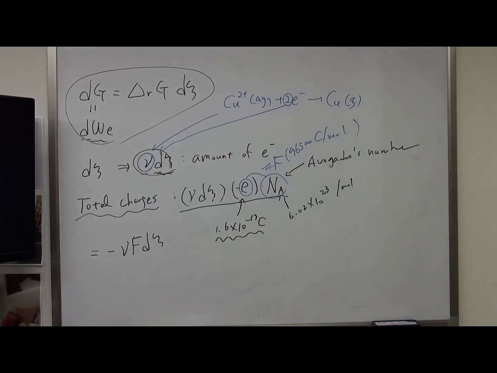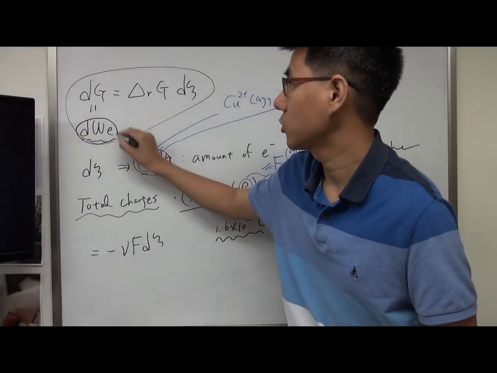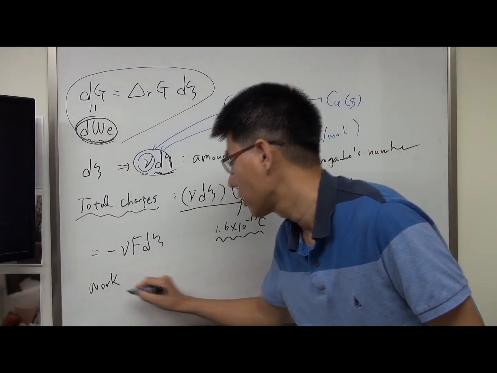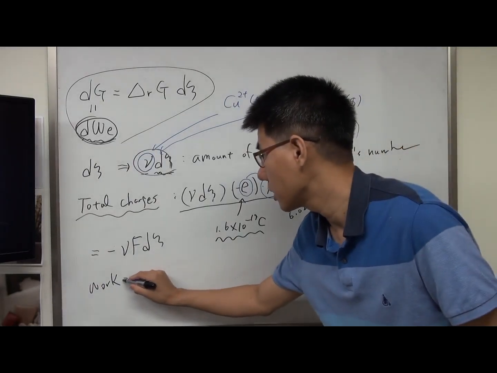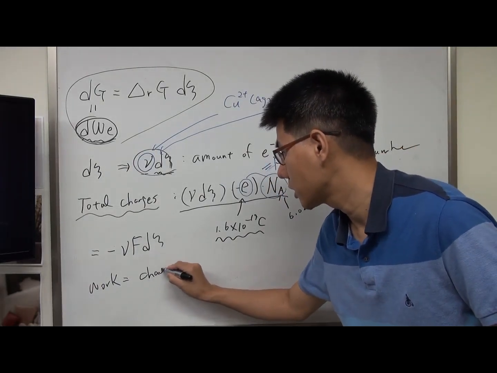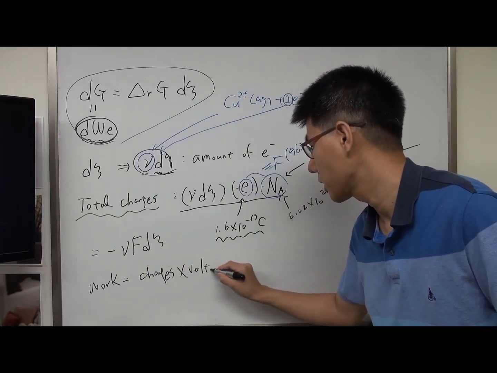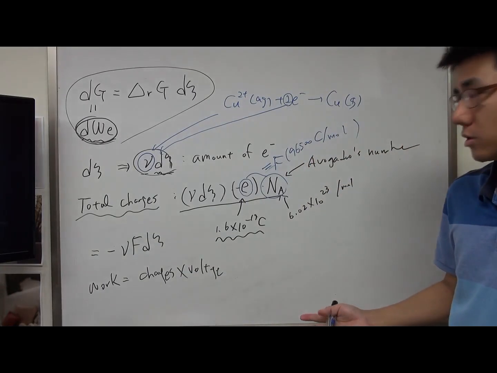Now, what we want to calculate is the amount of electrical work. Electrical work is basically charge, the total charge, times voltage or electrical potential difference.